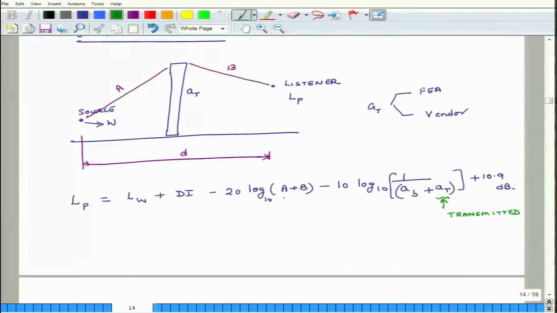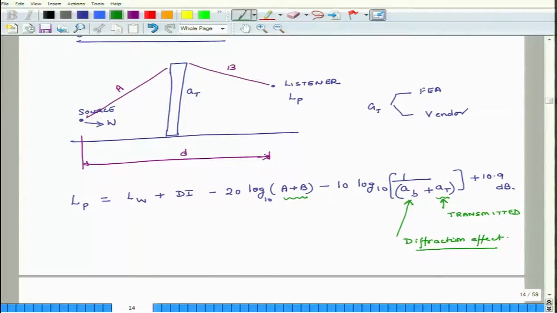This term AB is related to how much of the sound is getting diffracted, how much of the sound gets bent and actually reaches the listener. So, it captures the diffraction effect. And how do we calculate it? I will explain it to you.